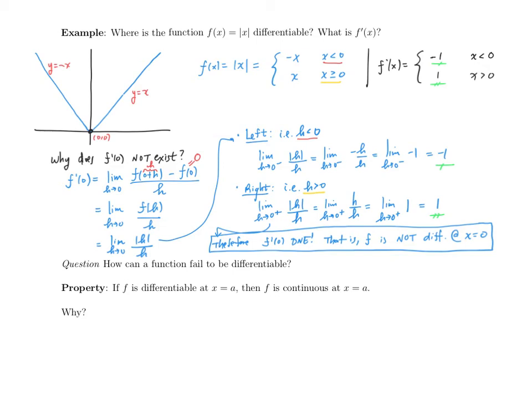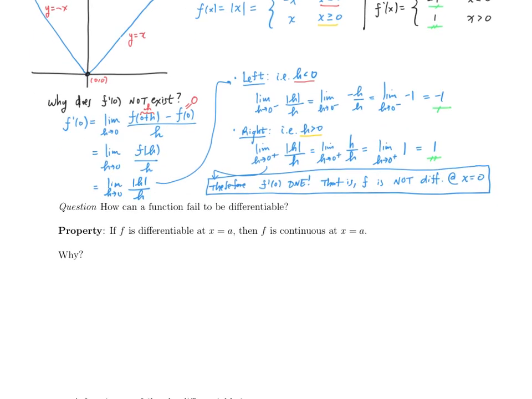And there's also a secondary reason as to why a function might fail to be differentiable. It comes from the following property. The following property tells us that if f is differentiable at x equals a, then f is continuous at x equals a. And I'd like to explore this statement a bit.